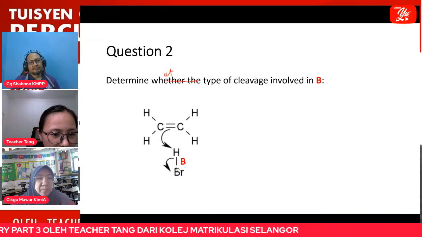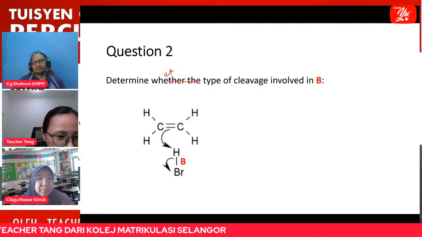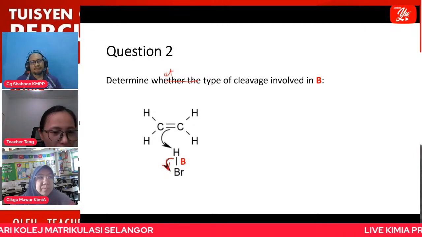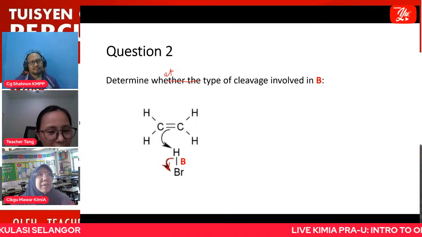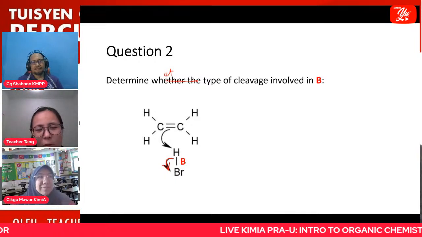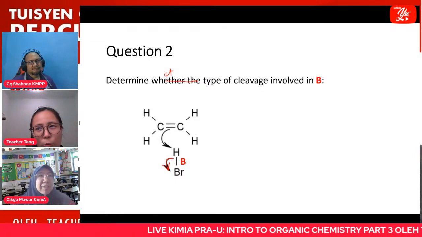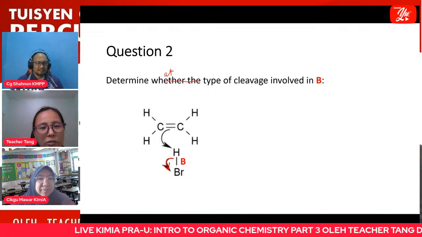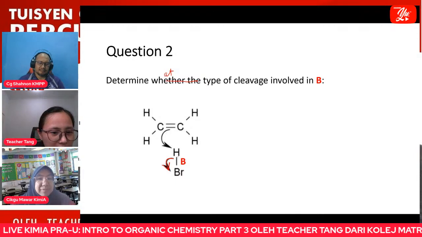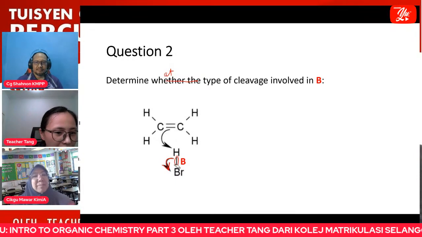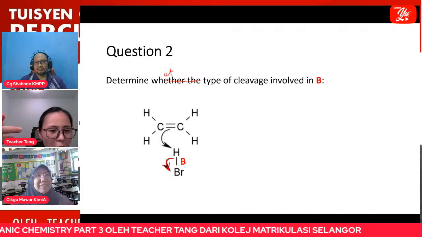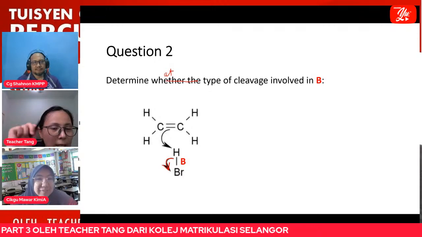Can you see that here they are using a full-headed arrow? A full-headed arrow refers to the movement of 2 electrons. This single covalent bond has 2 electrons, and these 2 electrons both go to bromine.